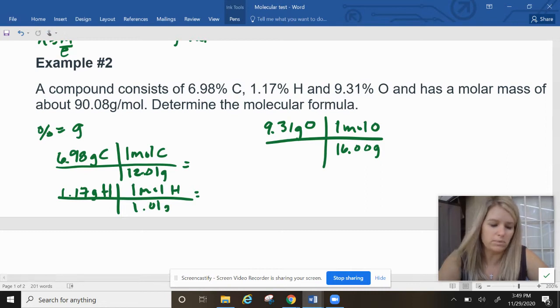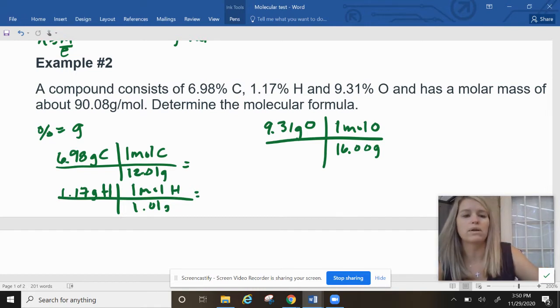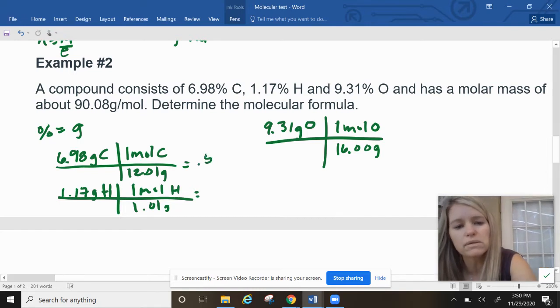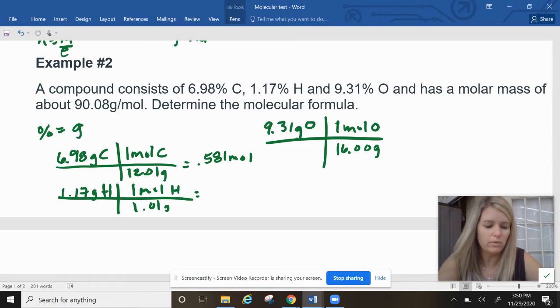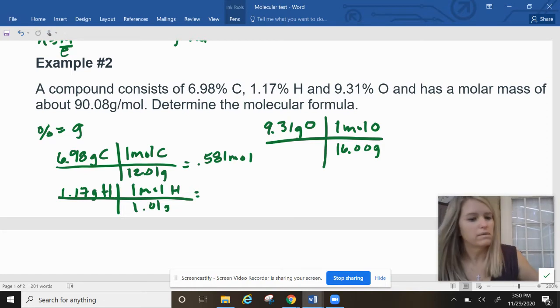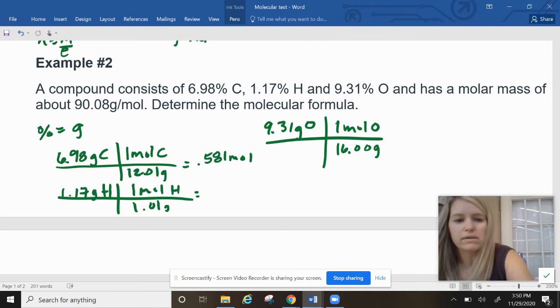Let's see, we have 6.98 divided by 12.01. That's 0.581. We'll do 3 decimal places. I know this one's going to be close to 1, but let's just see what it is. 1.17 divided by 1.01 is 1.158.